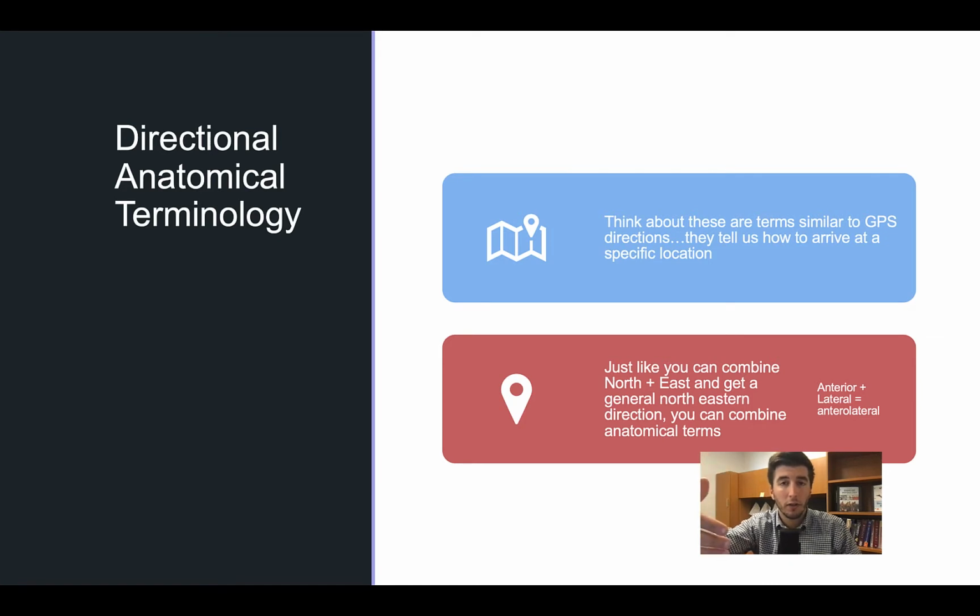When you're using anatomical position, you can actually go through and start applying some directional terminology. What I want you to think about is this is essentially using terms to act like GPS coordinates, or ways that we can use a similar language in order to make sure we're all talking about the same exact part of the body in the way that the body is orienting specifically.